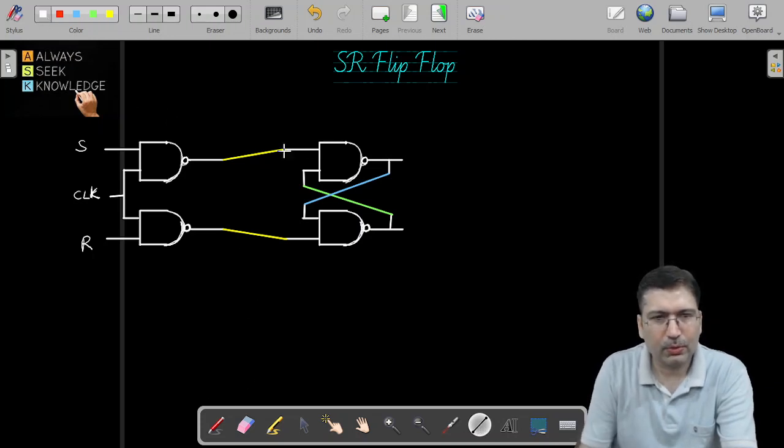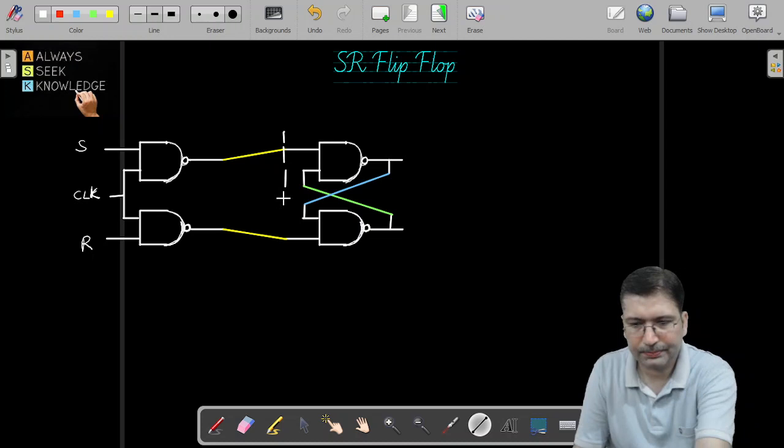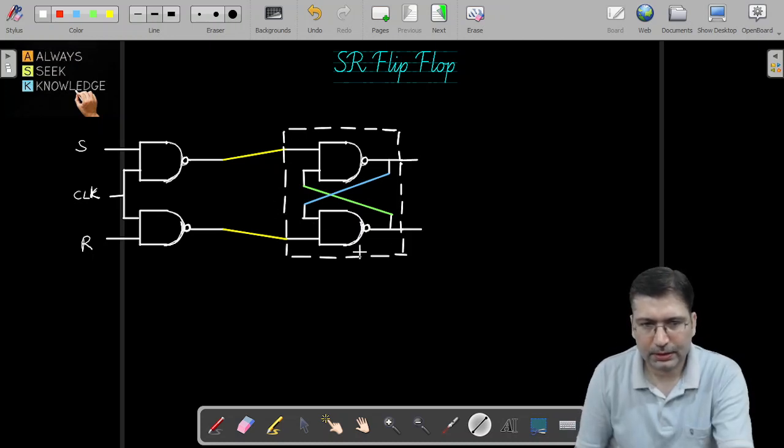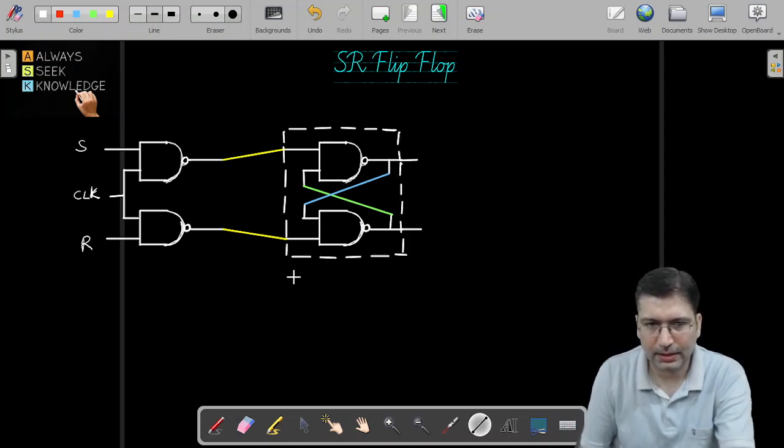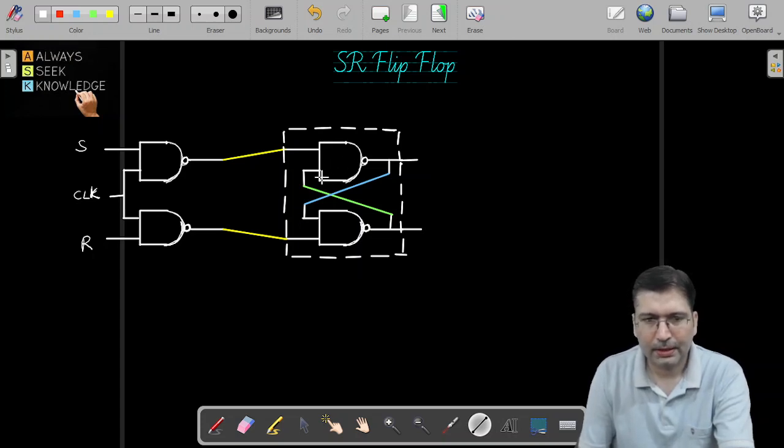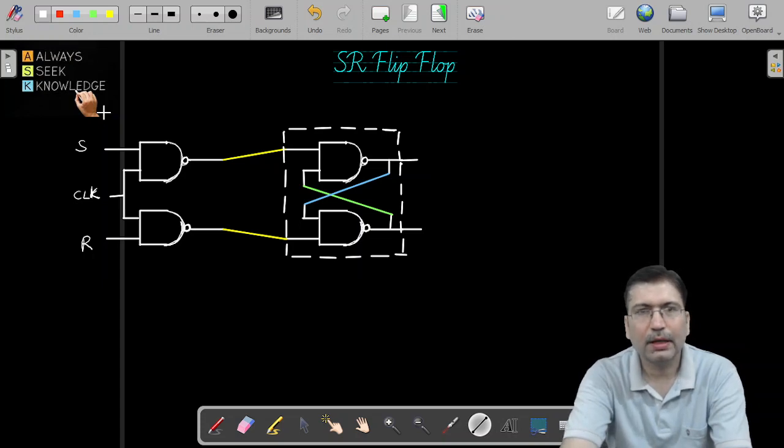We are already aware about this box is SR latch, which we have constructed with the help of NAND gate. So if I draw a box here, so this circuit is representing SR latch, which has been constructed using NAND gate. And if I draw a box like this, then that will be considered as a SR flip-flop.